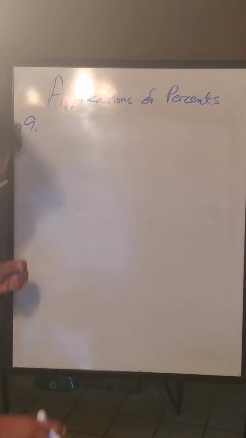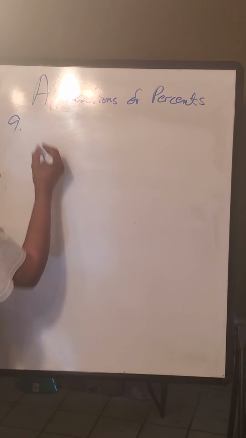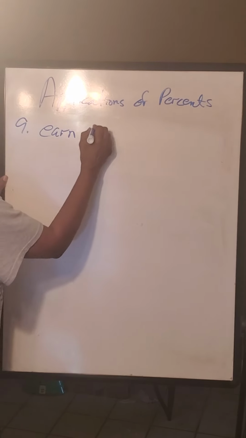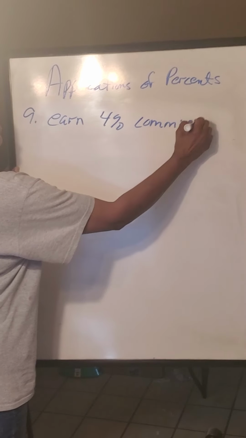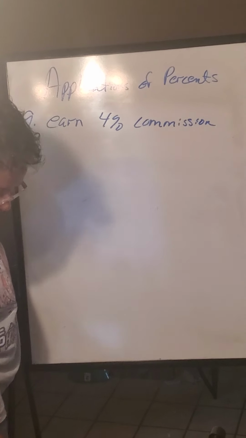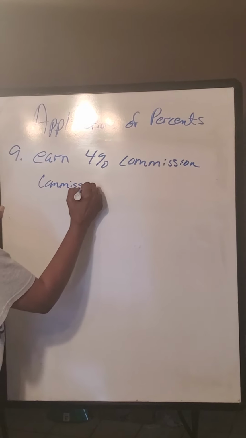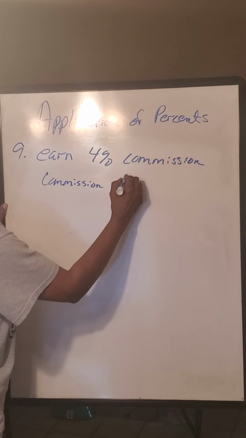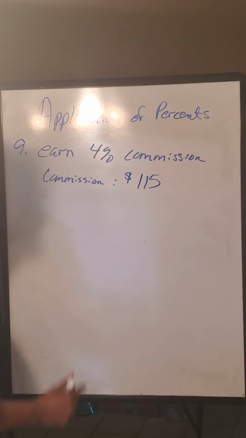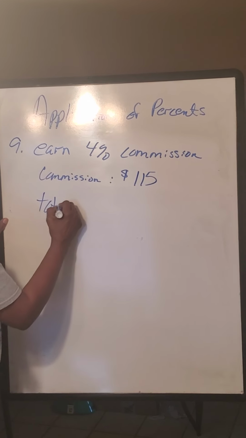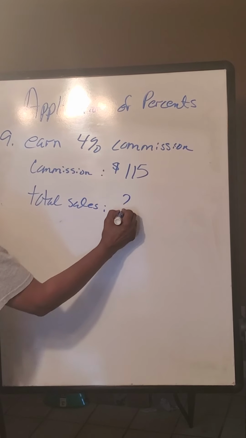On example 9, let's say that you earn 4% commission. And your commission is $115. What we'd like to find is how much is the total sales. That is unknown to us.